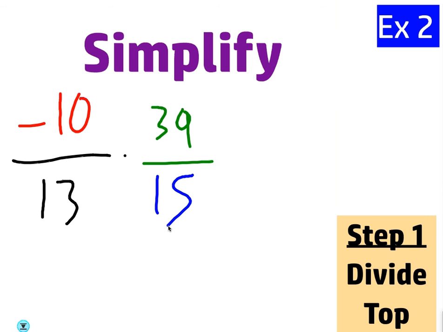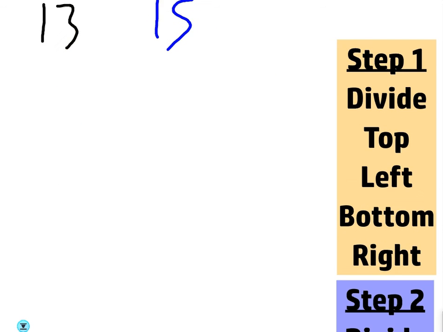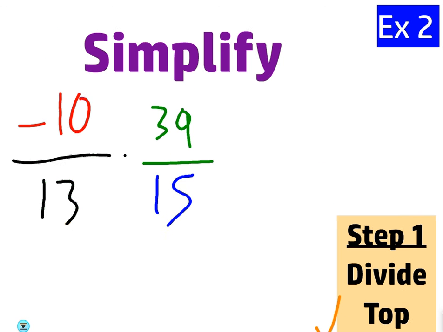Okay, so first off, we're going to divide the top left by the bottom right. How do negative 10 and 15 reduce? Okay, good. Divide by 5. That one becomes 2, and that one becomes 3. Don't forget there's still a negative there, so it's actually negative 2.